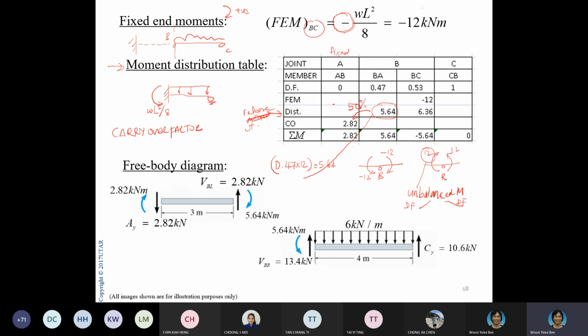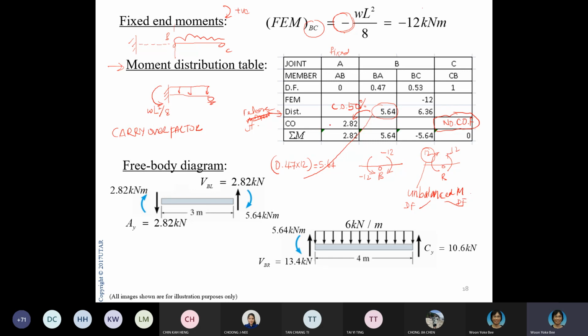You carry over 50%. Now you look at BC, C is actually not fixed. So here you don't carry over. There is no carryover factor here.